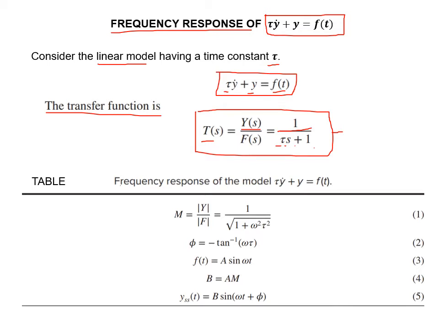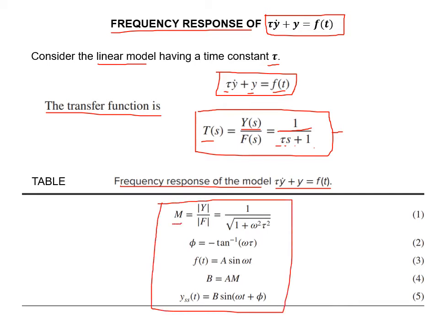We're talking about the frequency response for this linear model here. We have this table down here, which again is a great reference for all of these values. Again, we have our M, which we just saw on the previous page. This is going to be equal to the magnitude of Y over F, equal to 1 over the square root of 1 plus omega squared tau squared. We have our angle here, our theta, is equal to the negative inverse tangent of omega tau.